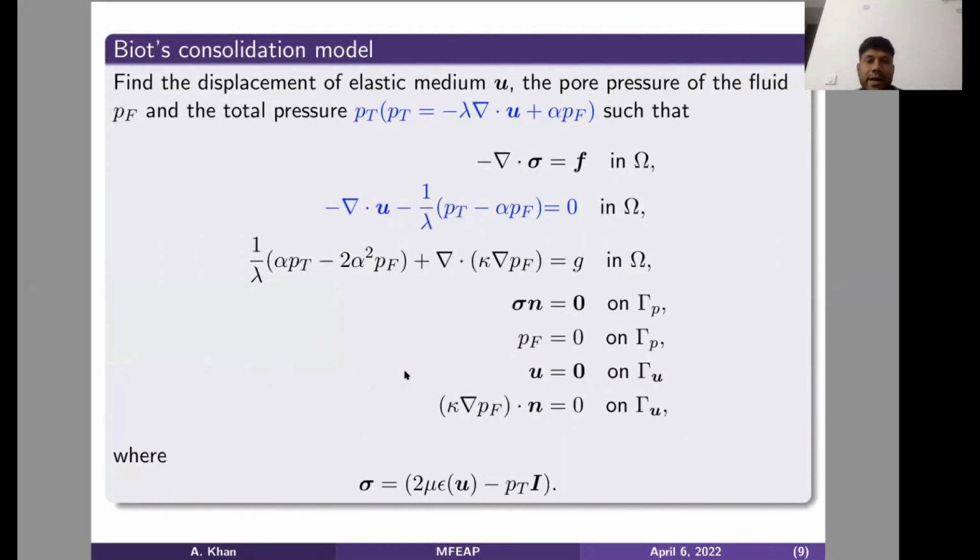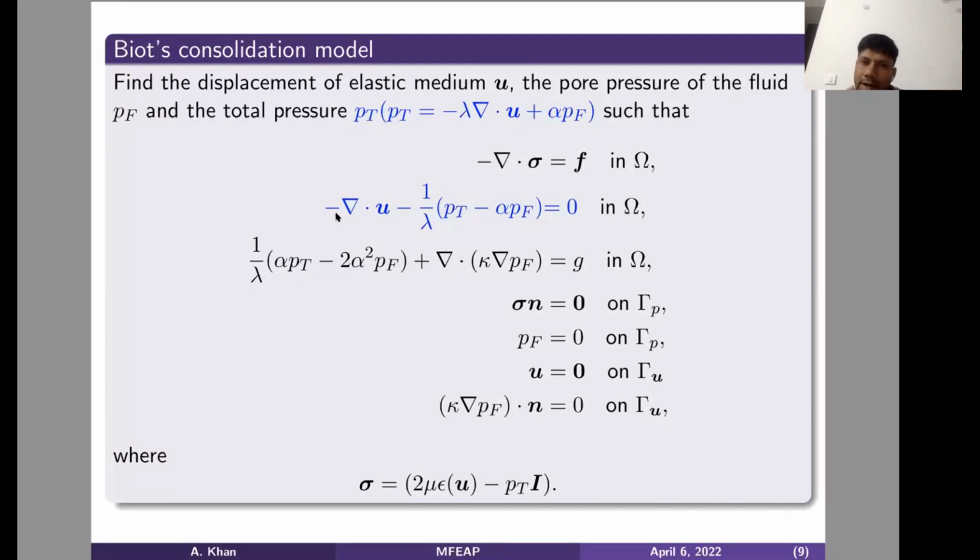So what we will do is go to the known three-field formulation, where instead of the Herrmann pressure they define a total pressure, which depends not only on the divergence term but also on the fluid pressure. Then they write another equation representing the relation between the divergence term, fluid pressure, and total pressure.